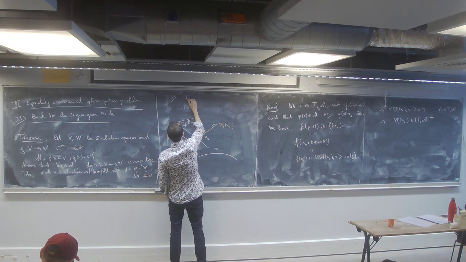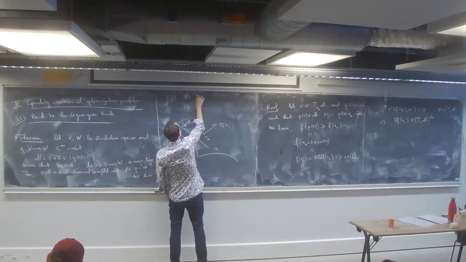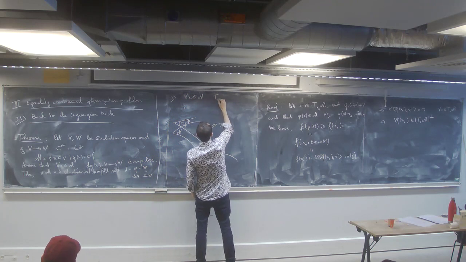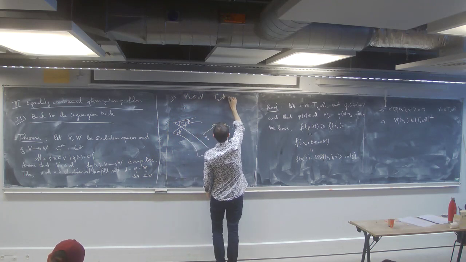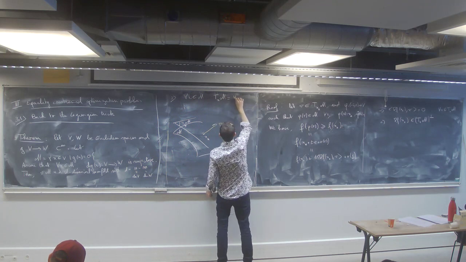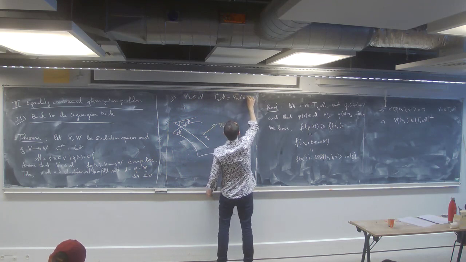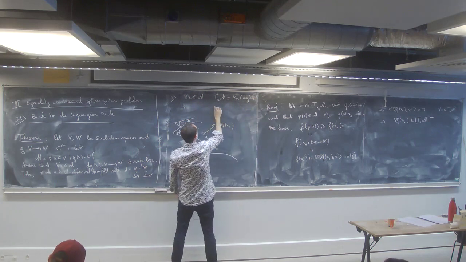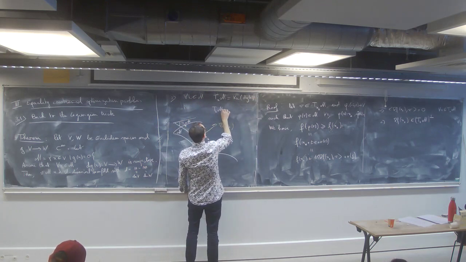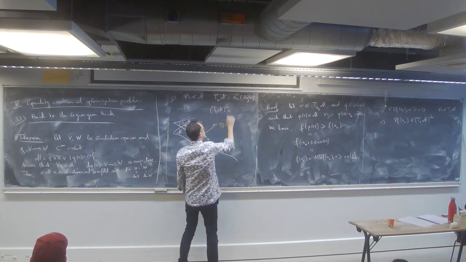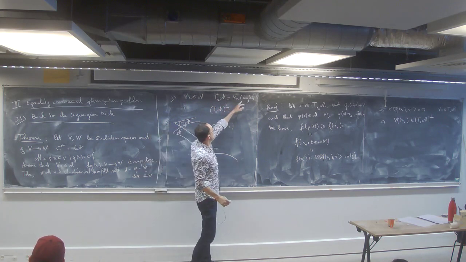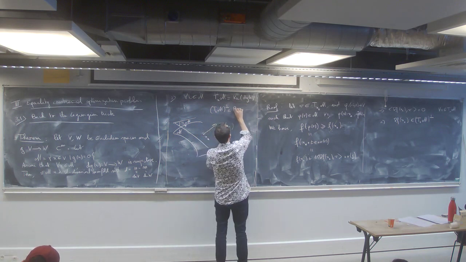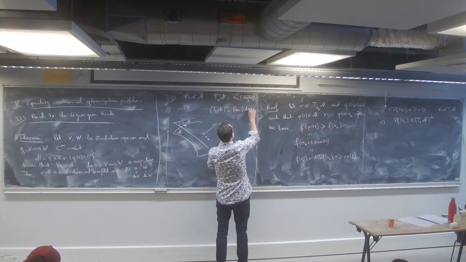So for all X in M, the tangent space to M at X is simply the kernel of dg of X. And the orthogonal of this is the orthogonal of the kernel of a linear map, and so this is the range of the dual map.